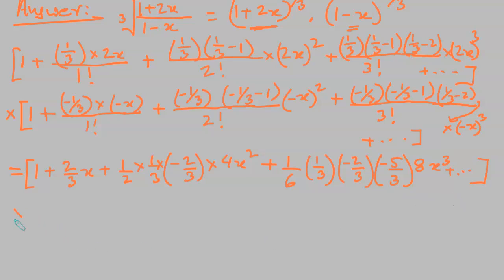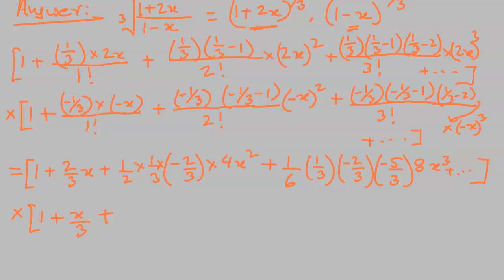And the second one is 1, and then this is negative and negative, it is positive, so it is x over 3, plus or minus, this one is minus whole square, that will be a plus sign, and this is minus, so it is a plus.